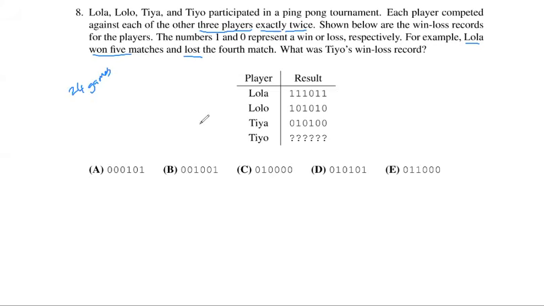Since there is no tie, if one team is winning, the other is losing. So every time you count the number of losses and number of wins, it should be the same number. That is something we can use. Since we have 24 games, that should be 12 winning, 12 losing.